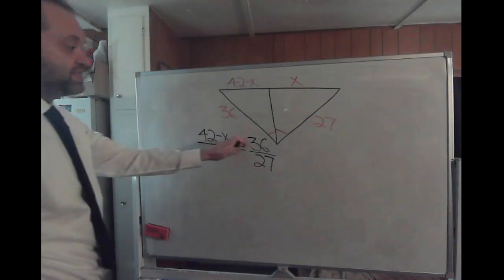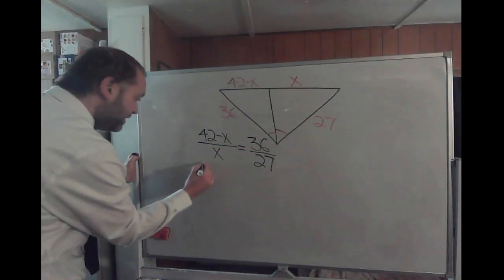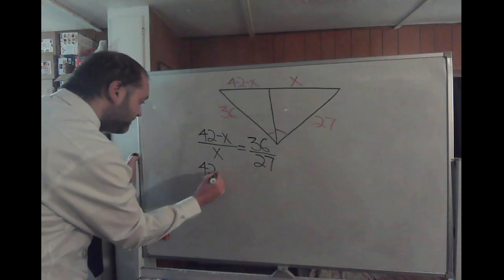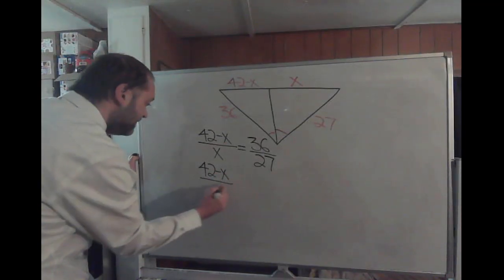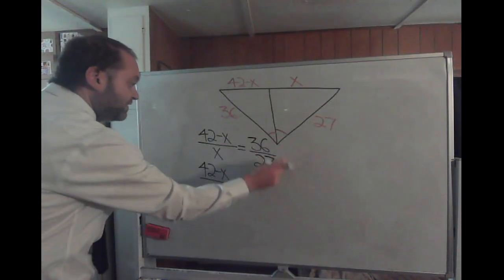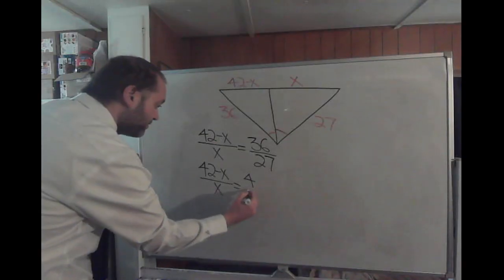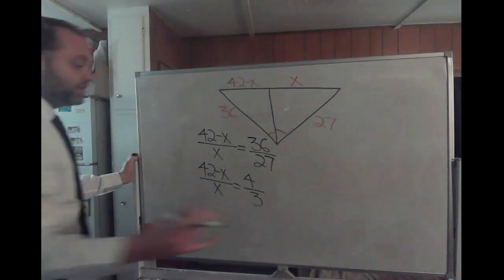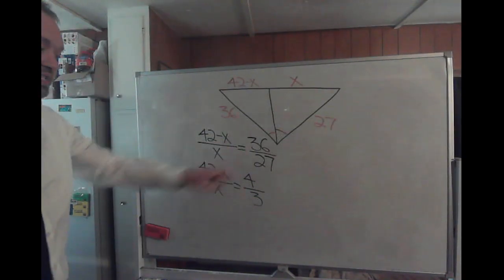Well, we know 36 to 27 simplifies, right? This would give you 42 minus x to x. Since both of these divide by 9, that would just give you 4 to 3. 4 to 3 is so much easier to work with than 36 to 27.